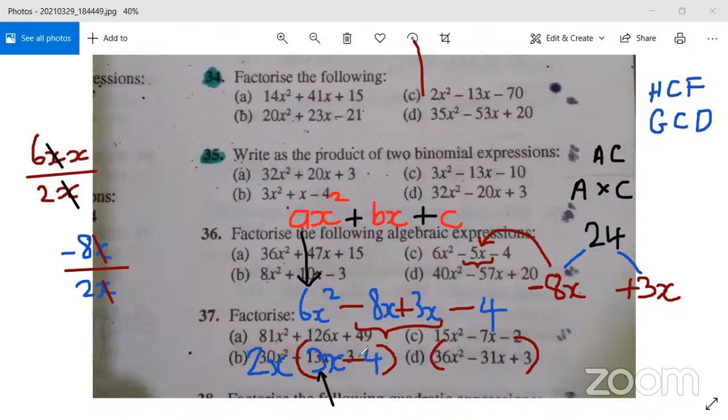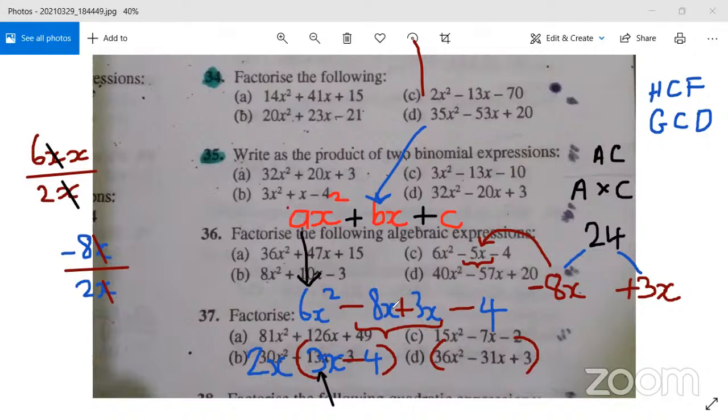Now, typically, once we're factorizing this type of quadratic expression, whatever you get in the left bracket will be exactly the same as what you get in the right. So the left bracket and the right bracket will be identical, as long as you can break the b into the sum of the two factors of AC.